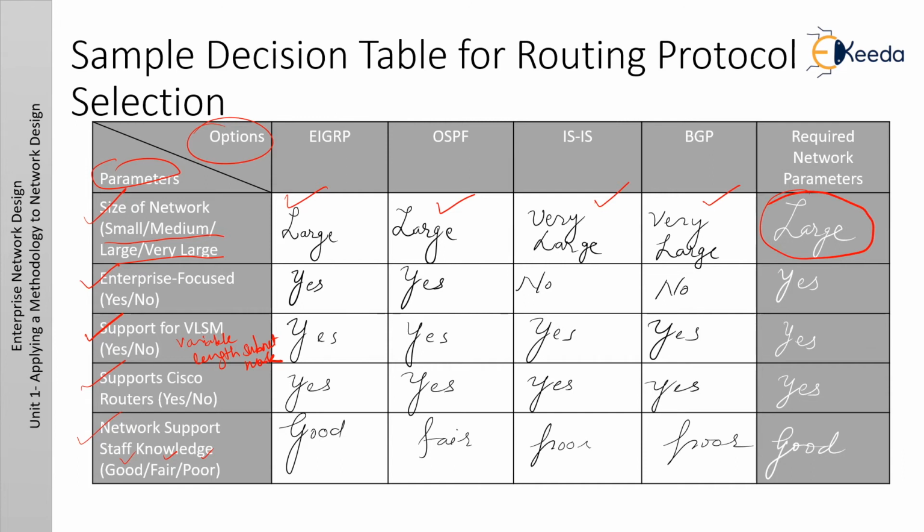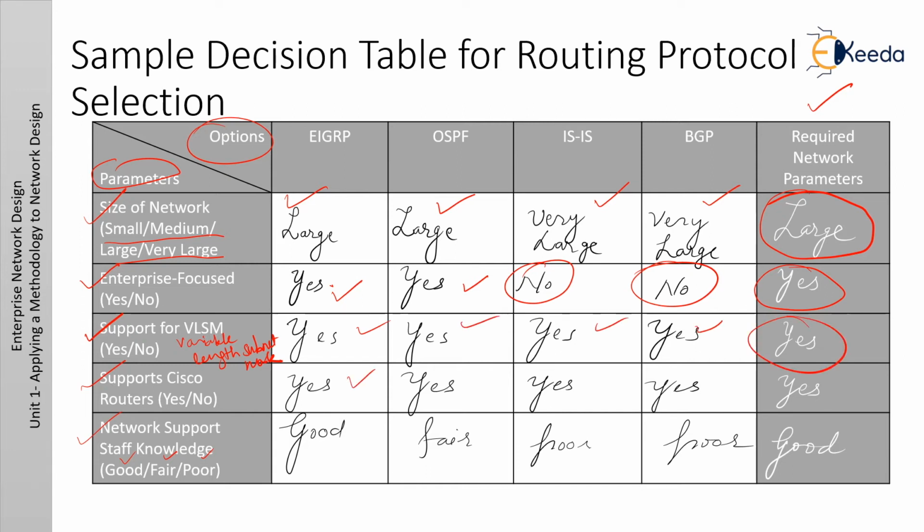So this is our decision making. Enterprise focus, yes or no? Enterprise focus is yes in case of EIGRP and OSPF, but for ISIS there is no enterprise focus, and the required parameter is yes. Support for VLSM? Yes, yes in all cases. So yes is required.